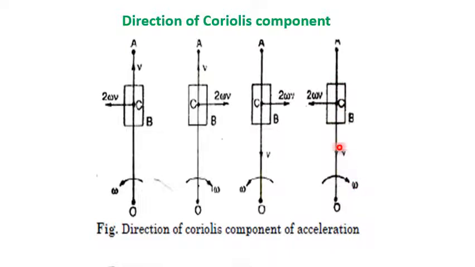Since velocity is backward, the Coriolis component of acceleration follows the reverse direction of rotation. So this is the direction of the Coriolis component of acceleration. This is very important in order to solve problems, because we have to decide in which direction the Coriolis component of acceleration is acting.